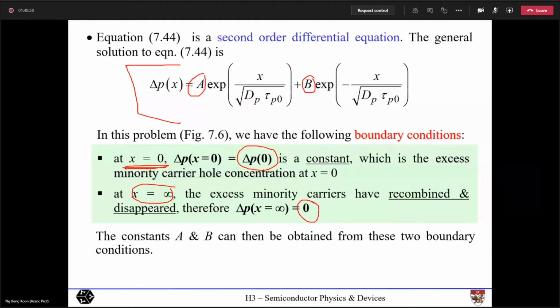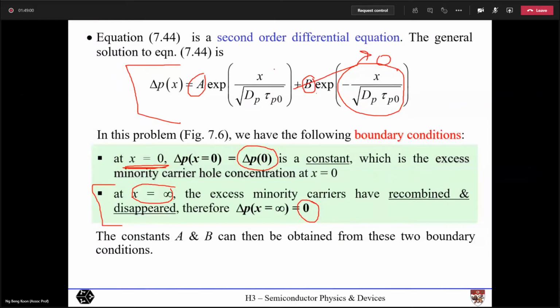Now you apply these, and you can find out what A and B are. Specifically, if you first apply the second boundary condition, when x goes to infinity, this term here will be minus infinity. Exponential of minus infinity gives you 0, so this goes to 0.